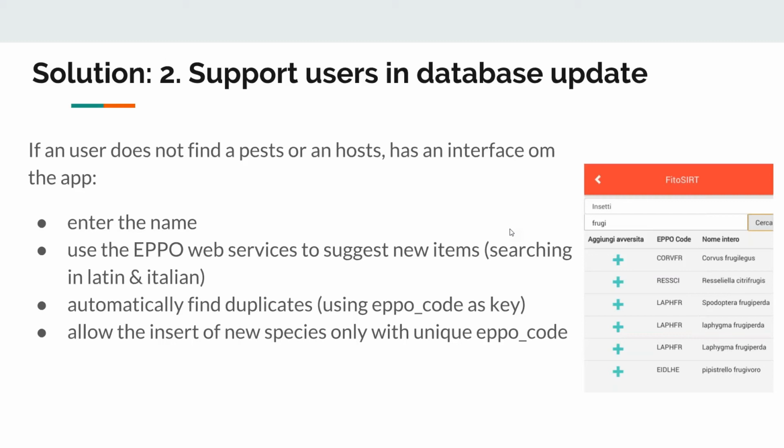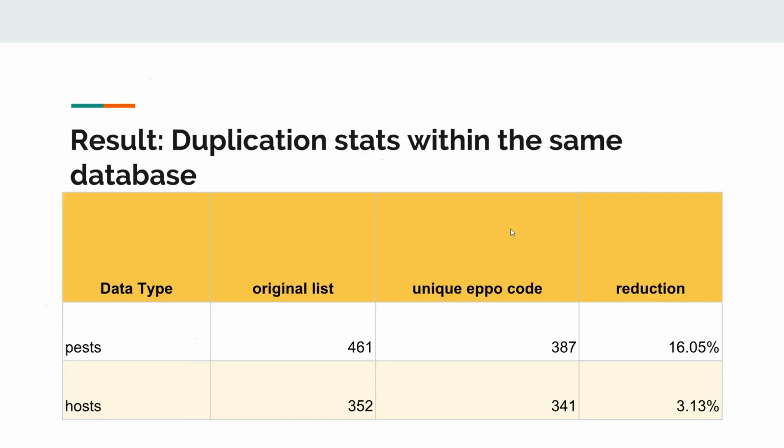Before inserting, we check that the EPPO code is not already in our database. So if there is a problem of duplicate names, we suggest the user use the main one. And then after that, the user can insert a new EPPO code in our database directly from the mobile solution.